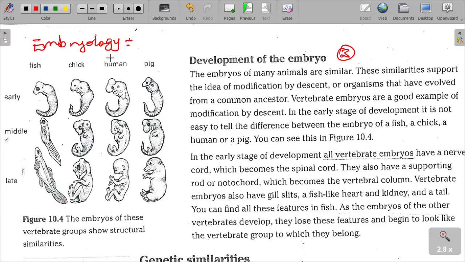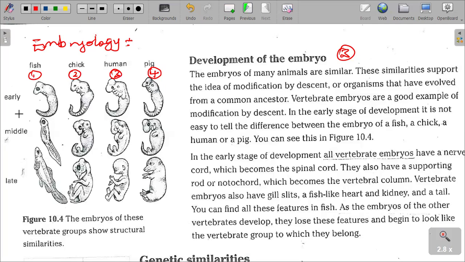I can show you. Let's just look on the board here. This is a fish. We have a chick. We have a human. And then we have a pig. If you look at these different embryos, we can give the different trimesters of development.